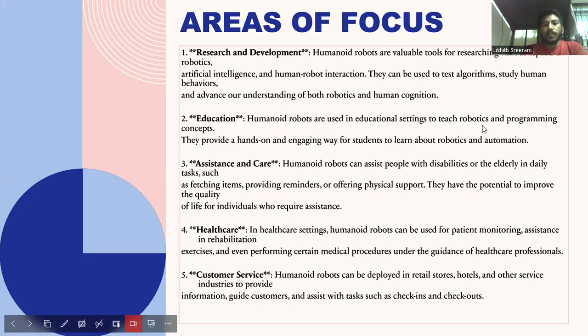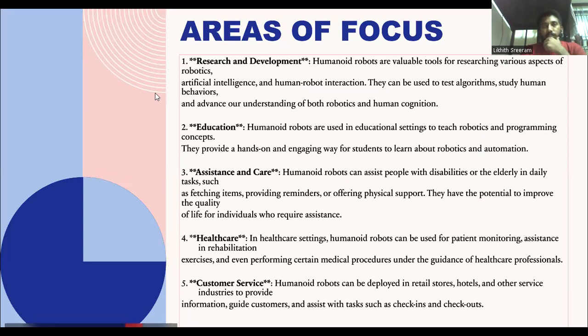To increase the demand for humanoid robots, we should focus on areas where they are not yet efficient, like research and development, education, assistance and care, healthcare, and customer service. By focusing on these areas, we can actually replace humans with humanoid robots.